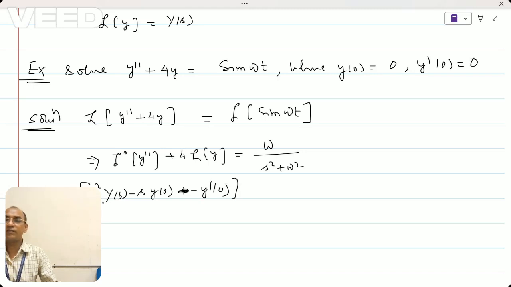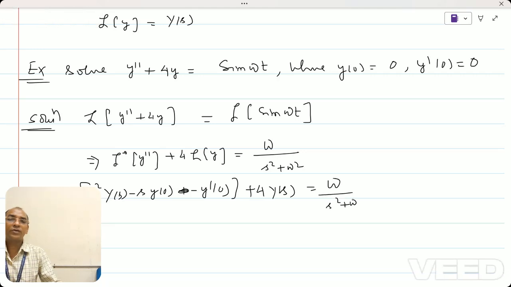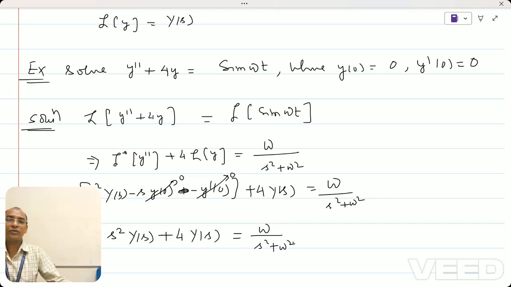This is the first term, plus 4 into Y(s) is equal to omega by s square plus omega square. This term will be 0 because y of 0 is 0, and this term will be 0 because y dash of 0 is 0. And so I will have s square Y(s) plus 4 Y(s) equal to omega by s square plus omega square.